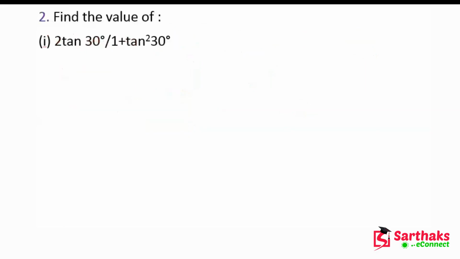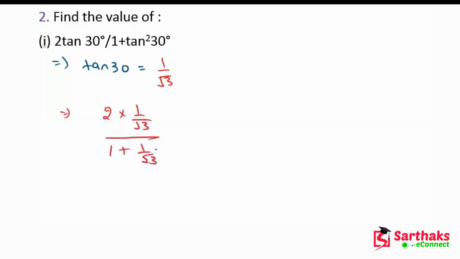Now again we have to find the value of this also. So now we know that the value of tan 30 is what? So it is 1 by root 3. Okay, so now just put the value: 2 into 1 upon root 3 upon (1 plus 1 upon root 3) whole square. So we get 2 upon root 3 and this is (3 plus 1) upon 3, and it will become 2 upon root 3 into 3 upon 4.